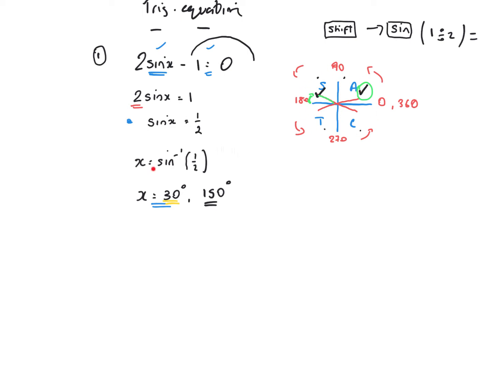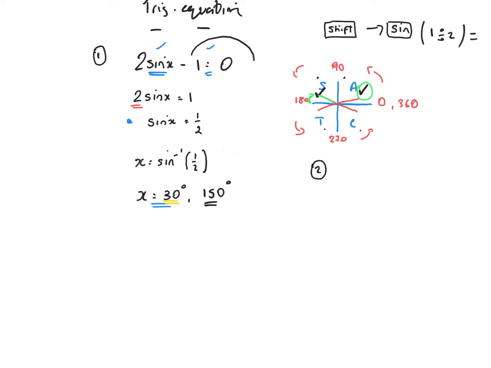Then x equals sine inverse 1/2. Shift sine, open up a bracket, 1 divided by 2, close the bracket, equals, you should get 30 degrees. That's your all quadrant answer. You're looking for a solution in the sine quadrant, so for that one you take 180 and take away your solution, which is 30, to get 150 degrees. Let's try an example 2.